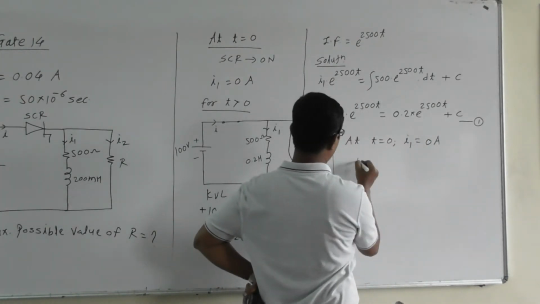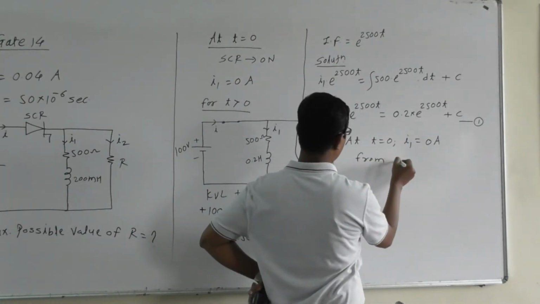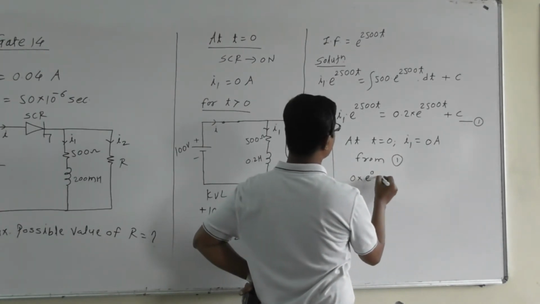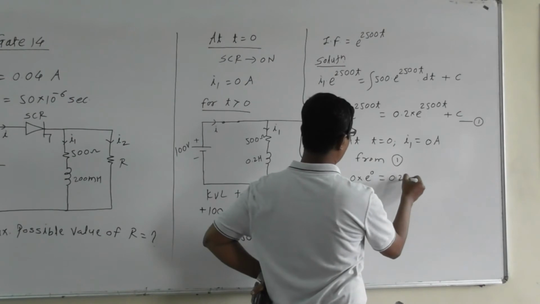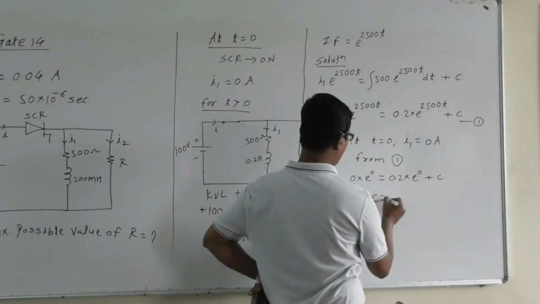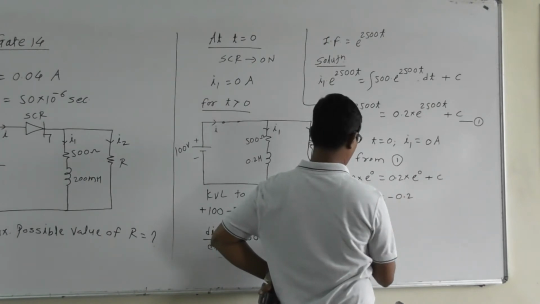So from equation 1 we can write 0 into e to the power 0 is equal to 0.2 into e to the power 0 plus c. So therefore c is equal to minus 0.2, right?